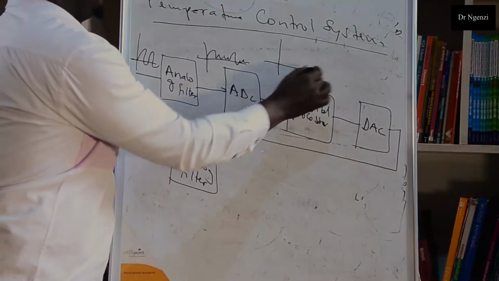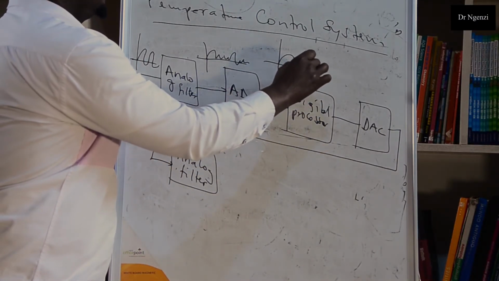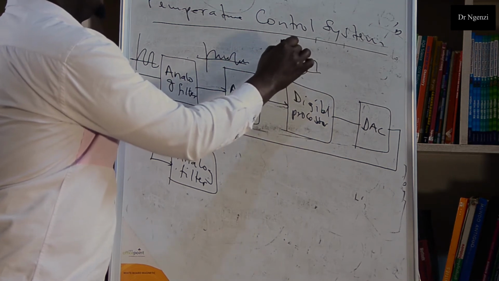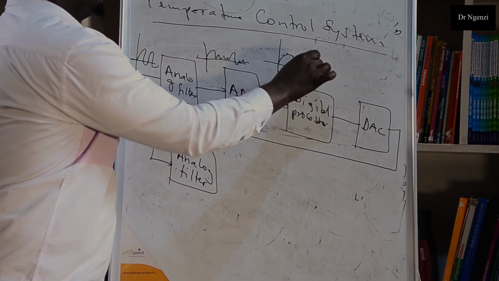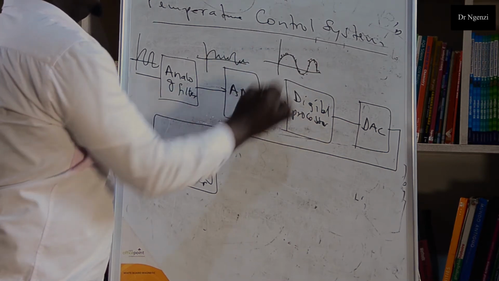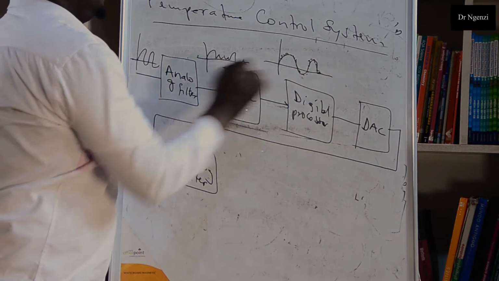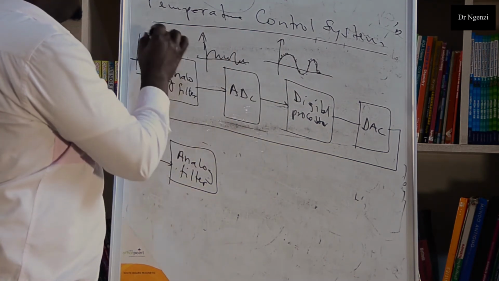For example, if you have a signal like this, it's going to be filtered in this way so that the noise interference is reduced. I'm explaining each and every step here.